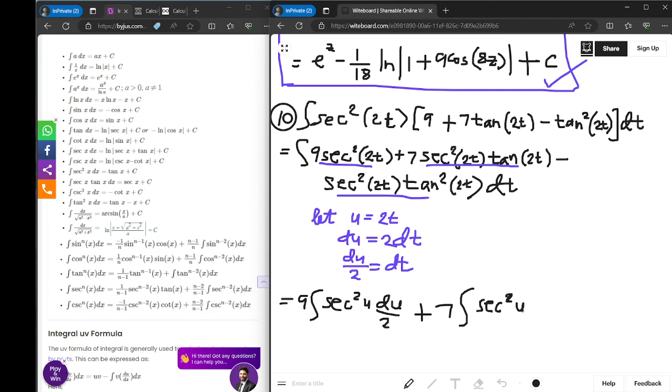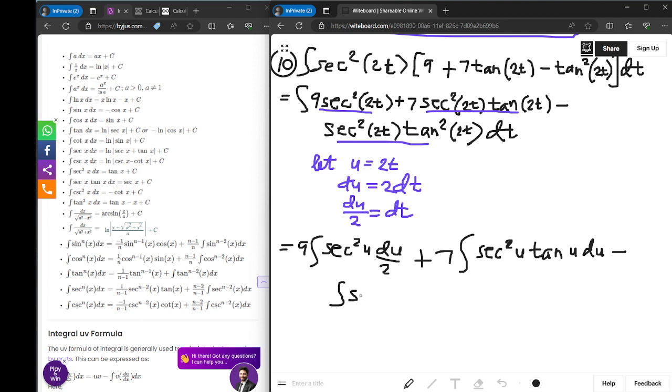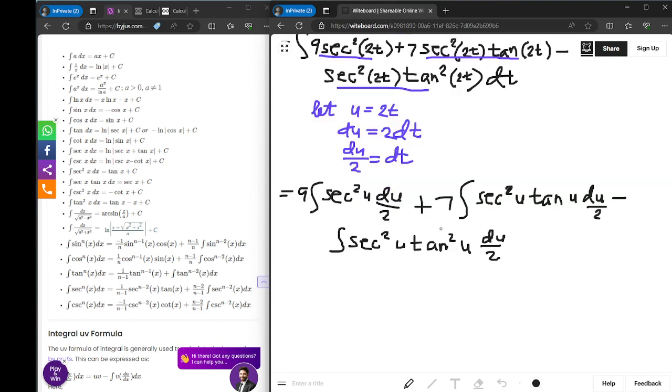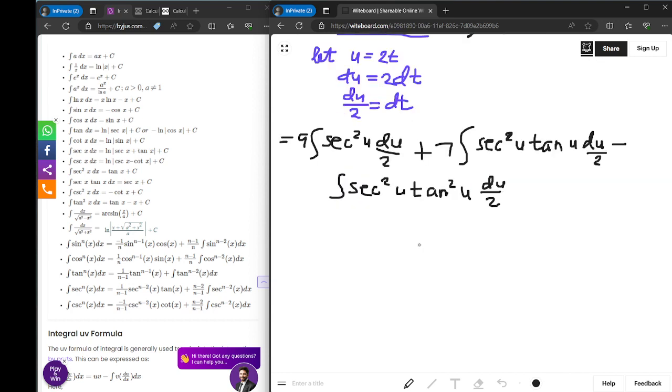So secant squared of u tangent of u du minus the integral of secant squared of u, so this is du over 2, and tangent squared of u du over 2. Okay, let's move out 1/2.